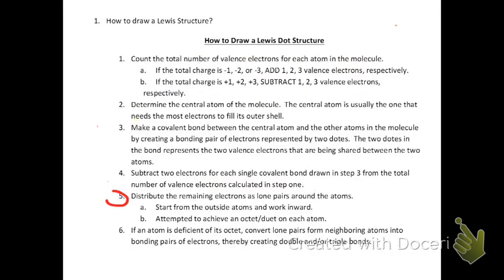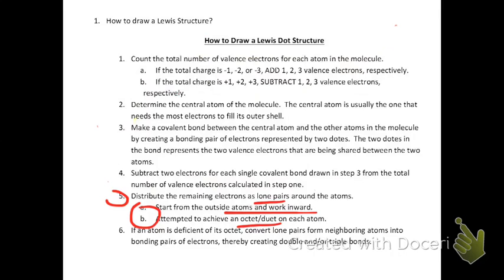Okay, so now once you've done that, you go to step 5. Step 5 is simply this. You're going to distribute the remaining electrons as lone pairs around the rest of the atoms. Now, this is important. You must always put lone pairs of electrons starting on the outside atoms first. All right? You're going to always put them on the outside atoms, and then when they have a complete full outer shell, then you're going to add electrons to the central atom as lone pairs, but only do that last.